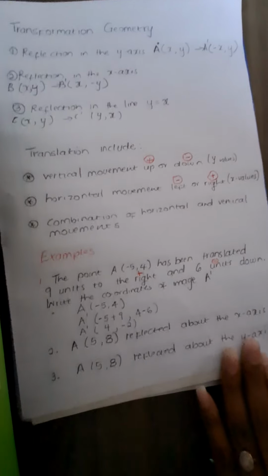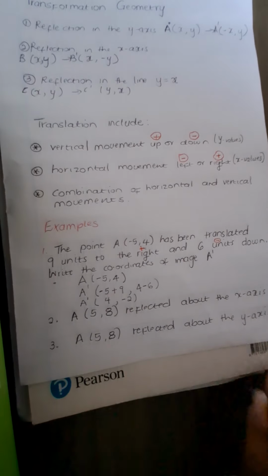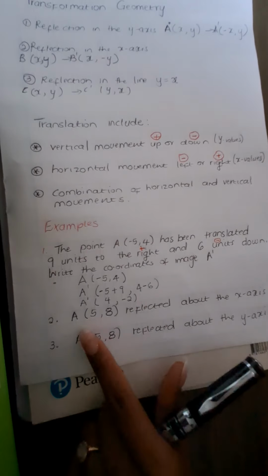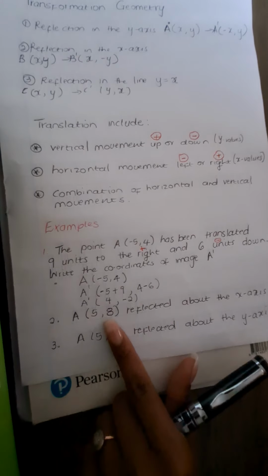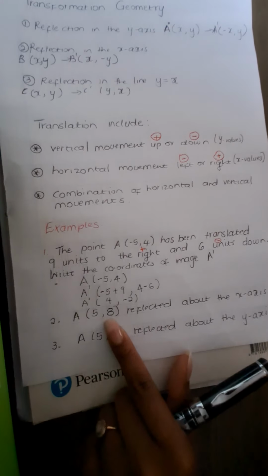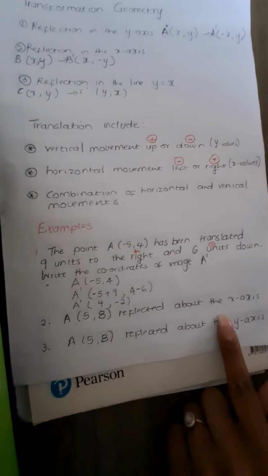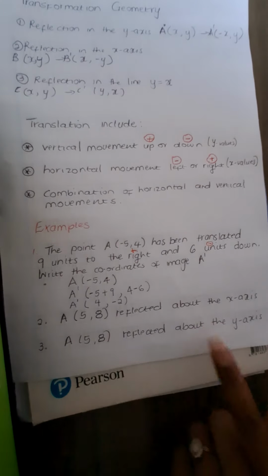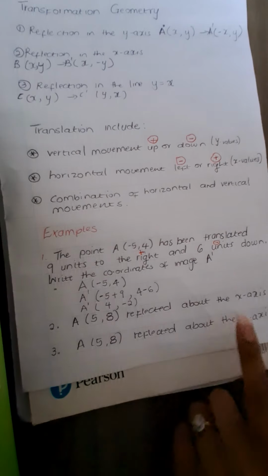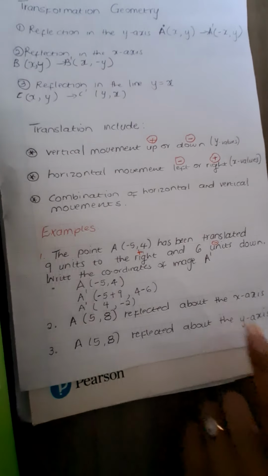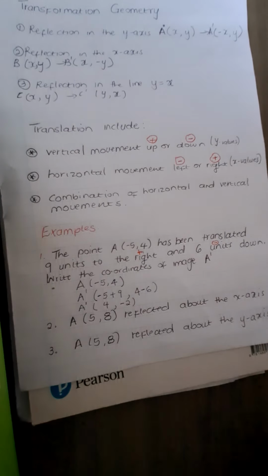Okay, we are moving to number 2. For number 2, you are given A with 5 for the x coordinate, 8 for the y coordinate, and it is reflected about the x-axis. We said when the point is reflected about the x-axis, the y coordinate changes. Meaning if it was positive, it's going to be negative.